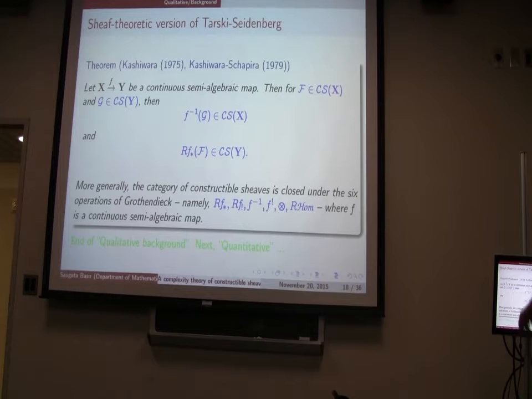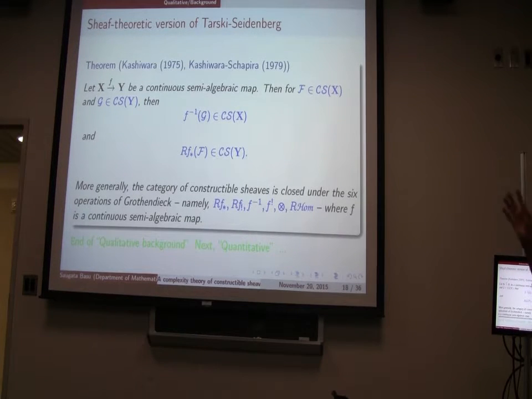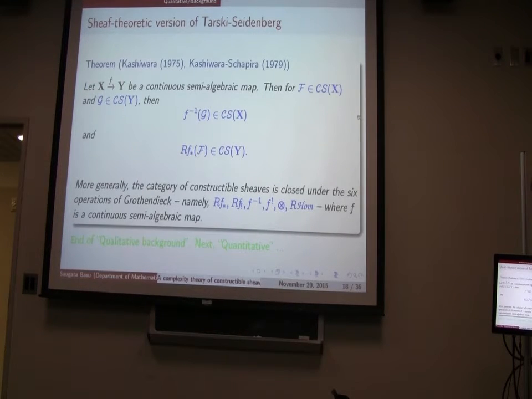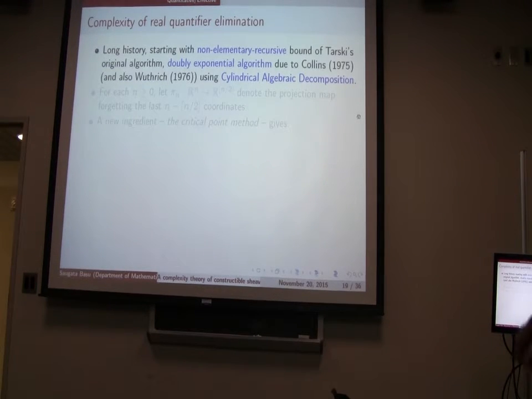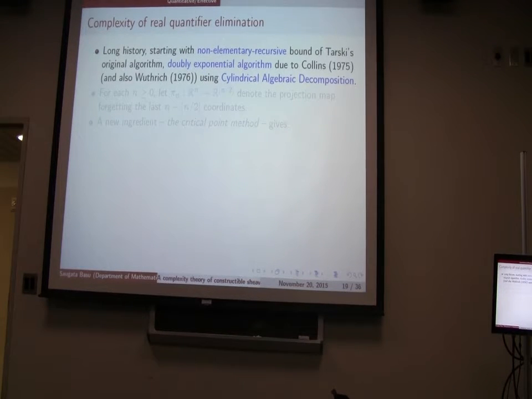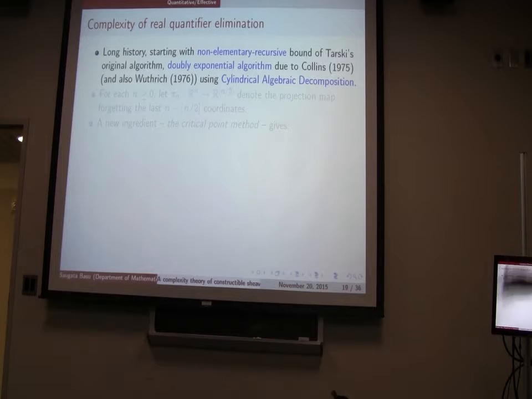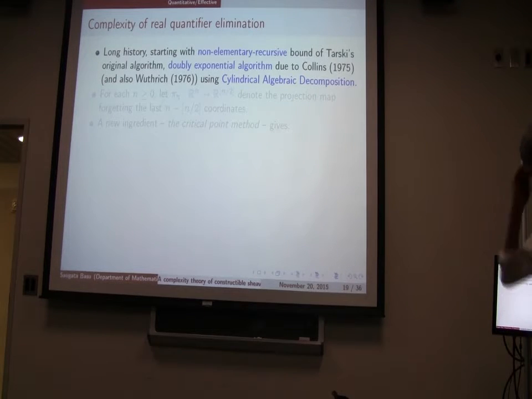So the next part is what I would call quantitative, because all this was about stability under certain operations. Going back to semi-algebraic sets, the effective versions of Tarski-Seidenberg have a pretty long history.